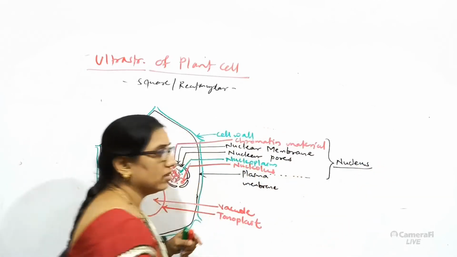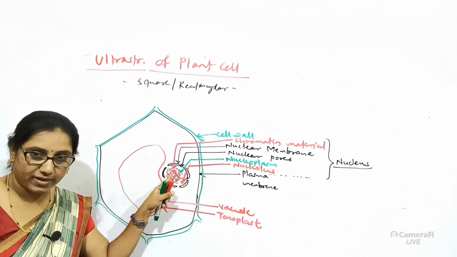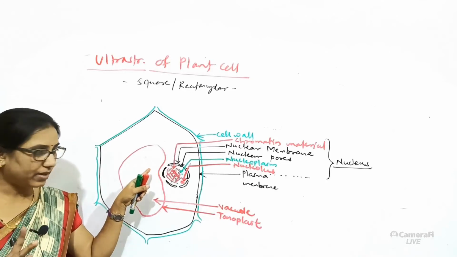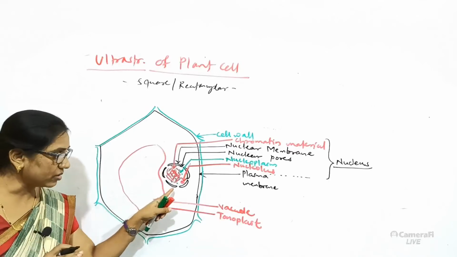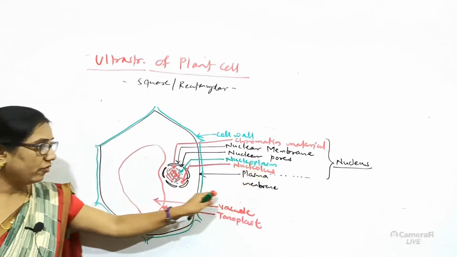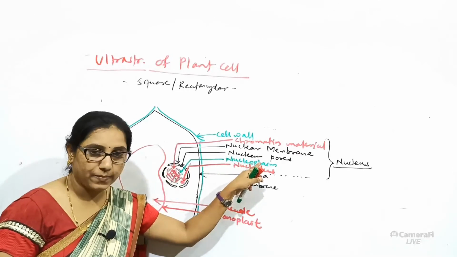It represents the nucleus. The nucleus is peripherally located, bounded by a two-layered membrane, the nuclear membrane. The nuclear membrane is not continuous. It leaves small openings, small gaps. Those are called nuclear pores, filled with a basic jelly substance, called the nucleoplasm.